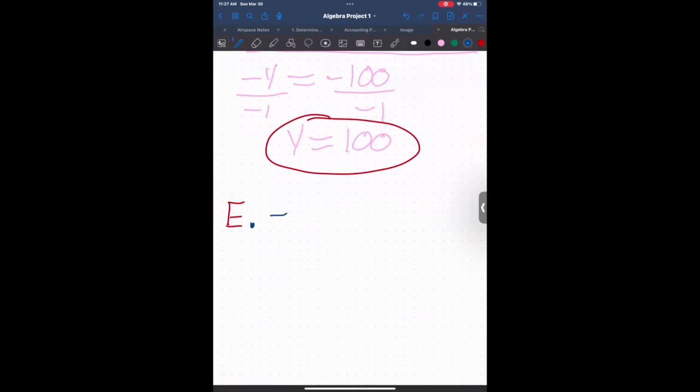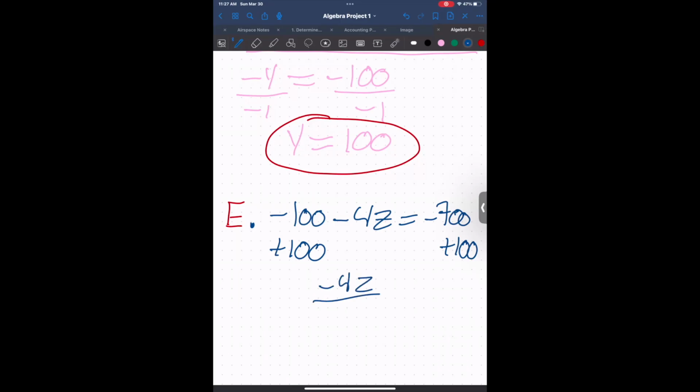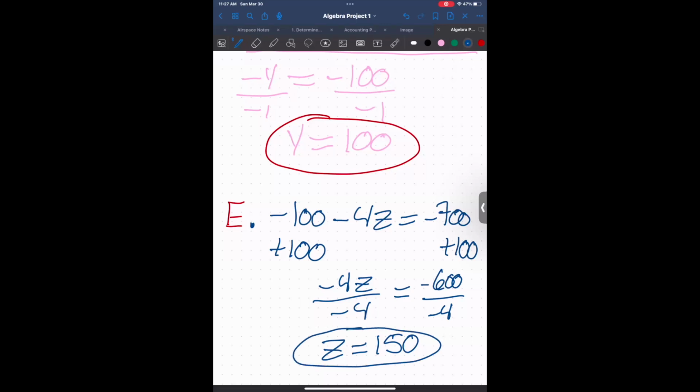So it's going to be negative 100 minus 4z equals negative 700. Okay. We're going to solve for z. That is a z, by the way. Z equals 150. Negative times a negative is a positive. There we go. All of our answers circled in red to keep us in line.